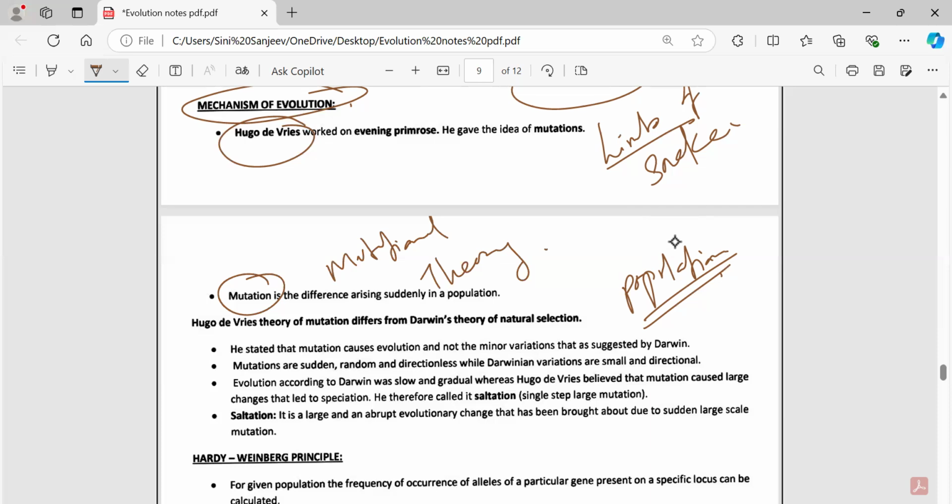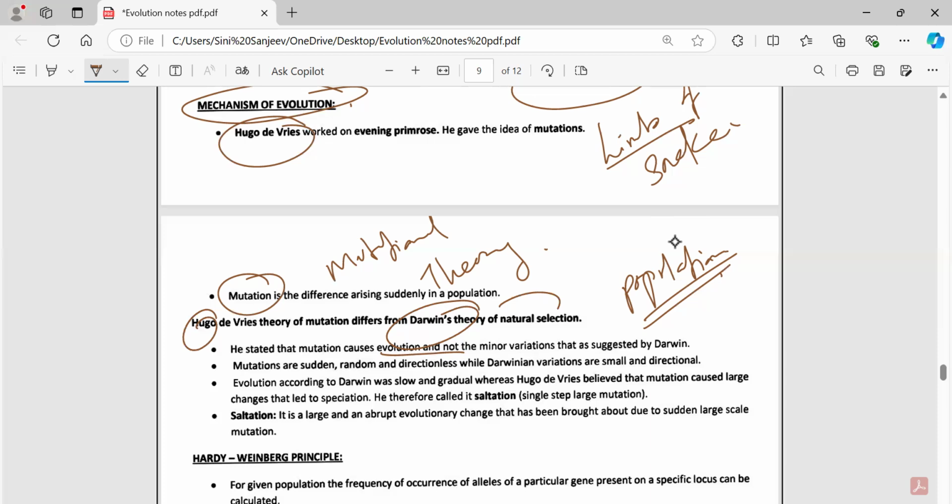Let me compare Darwinism and mutation, and how they differ according to this man. The first thing is, in Darwinism there is just minor variation, but in mutation the variations will obviously be more.